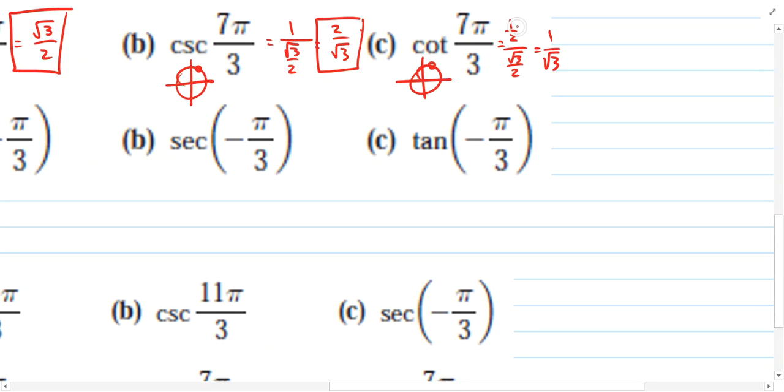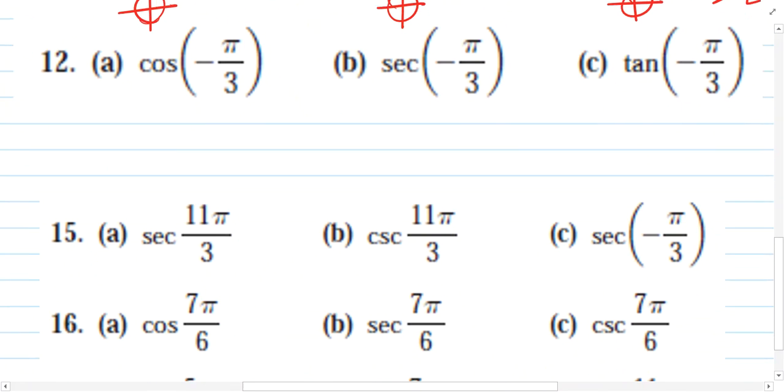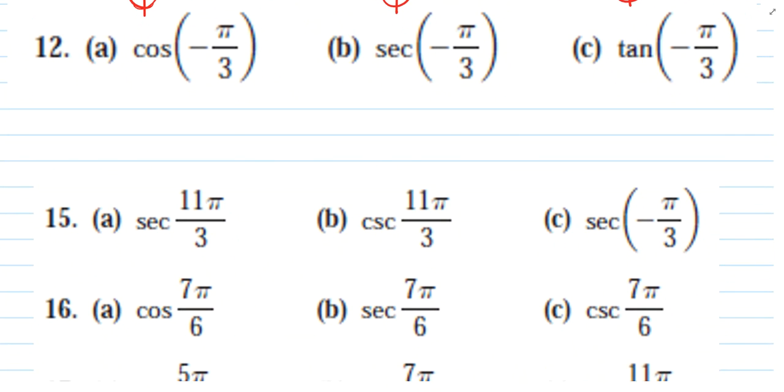For cotangent, I needed the x-coordinate divided by the y-coordinate, and the x-coordinate of 1/2 divided by the y-coordinate of radical 3 over 2 would have the 2's cancel, and we're left with 1 over radical 3. Please try number 12 on your own and resume playback in a moment to check your work.